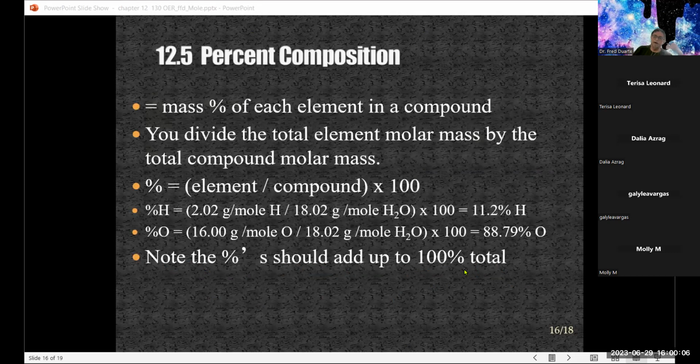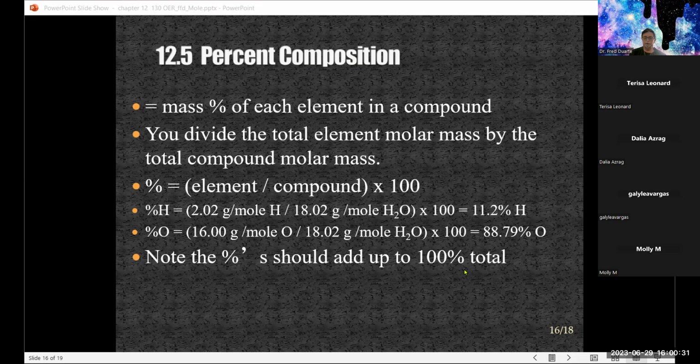All right. Percent composition, we kind of introduced it yesterday in the lab, where we took the total mass of the zinc and the chloride and then calculated the mass percent. Well, we can do the same thing here, a little bit different, because what we're doing is we have the formula and then we calculate the molar mass.